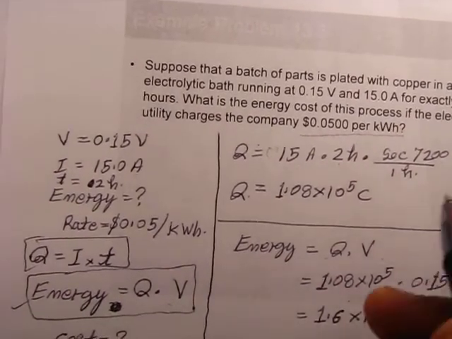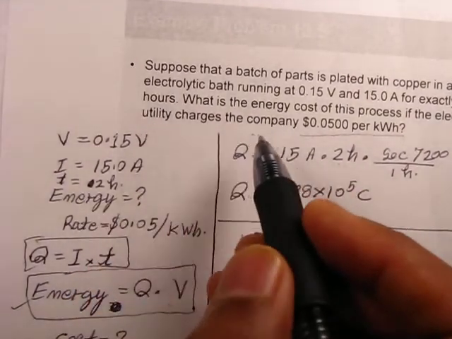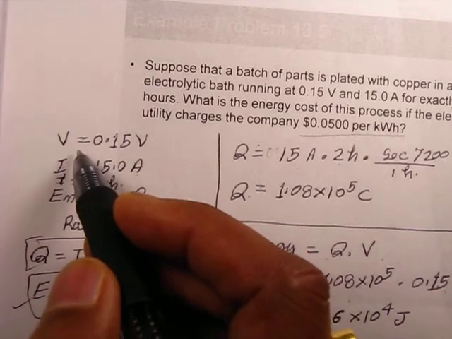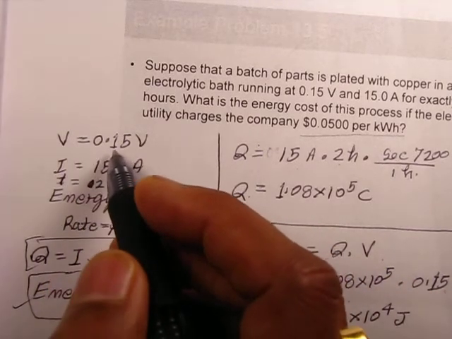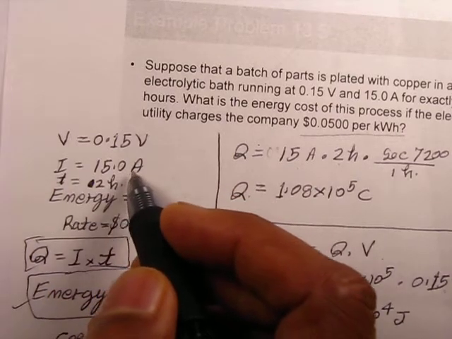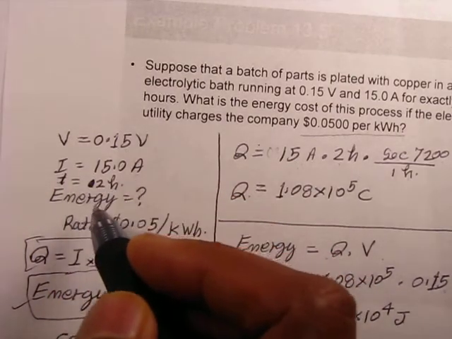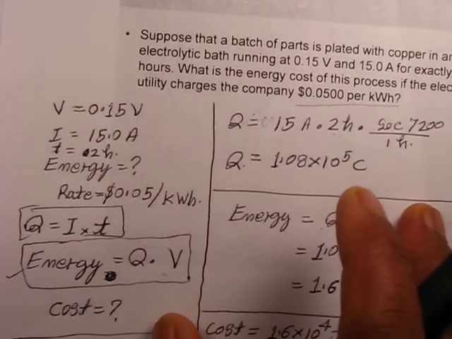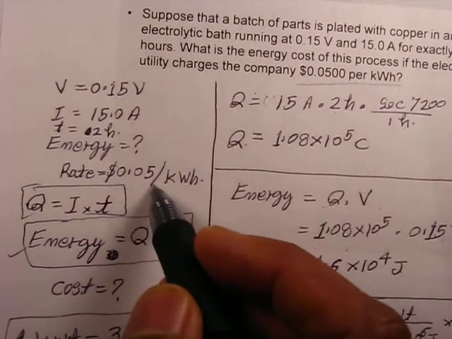Here we have to calculate the cost. First we write down the information given: voltage is 0.15 volt, current I is 15.0 ampere, time is 2 hours, the energy we have to find out, and the rate is given.